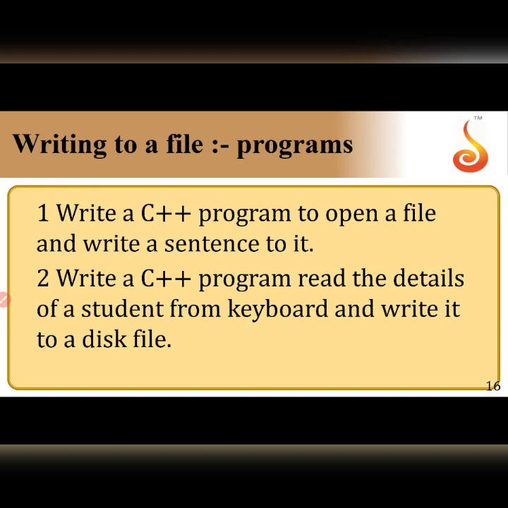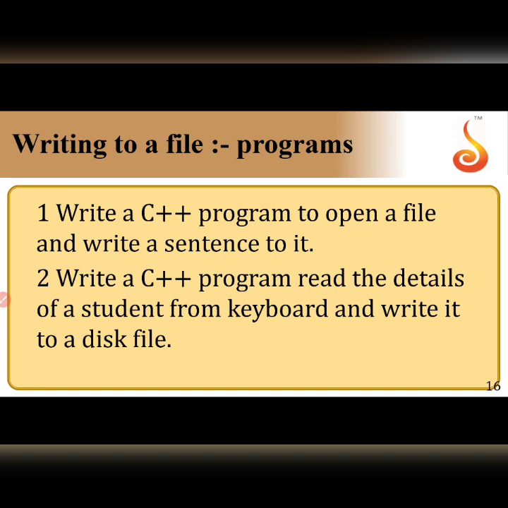Please make a note of these two. Then we will open the same files in a read mode. Like now I am opening a file in a write mode, writing some data into the file for both these files. Then I will open the same file and I will read from it and print it on the monitor.